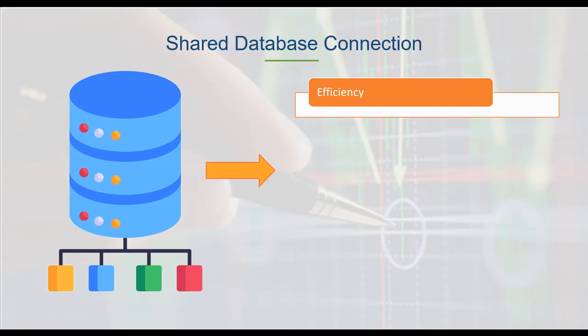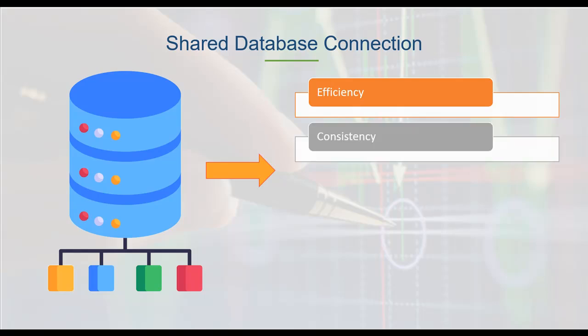Within shared database functionality, we can establish a single database connection and reuse it across multiple workflows or processes in Process Studio. Consistency: when we share a database connection, it ensures consistency in database settings and configurations across all workflows or processes that use that connection.